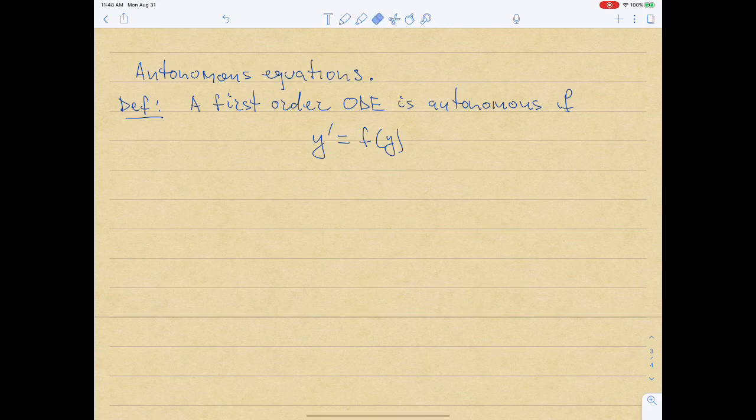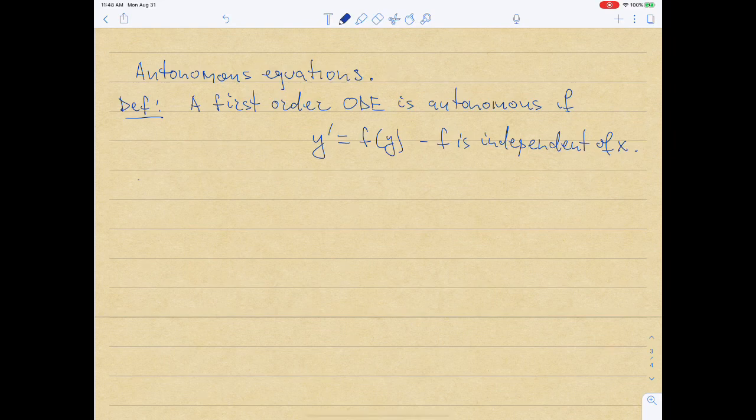So that is, f is independent of x. So any equation like that is autonomous.